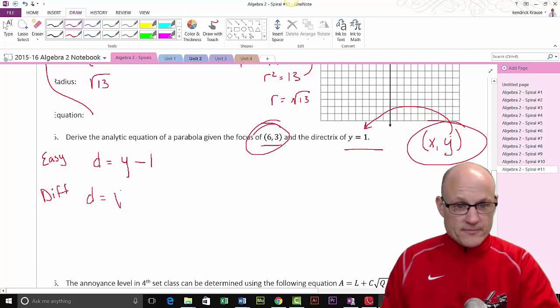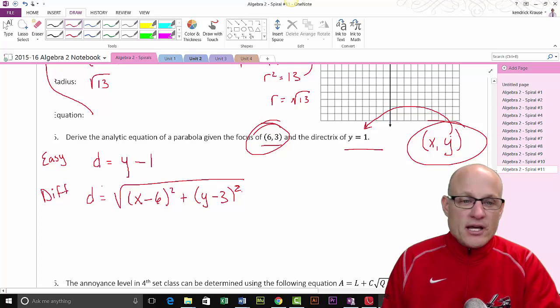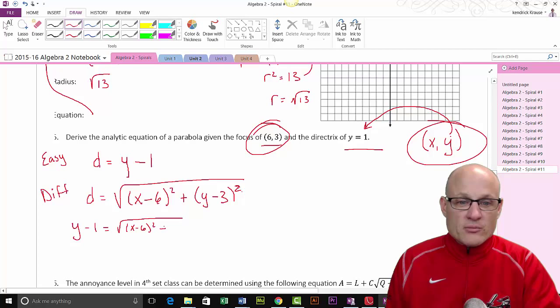So we'll just do that right here. It is x minus 6 squared plus y minus 3 squared. And we're going to set those equal to each other. So y minus 1 is equal to the square root of x minus 6 squared plus y minus 3 squared.